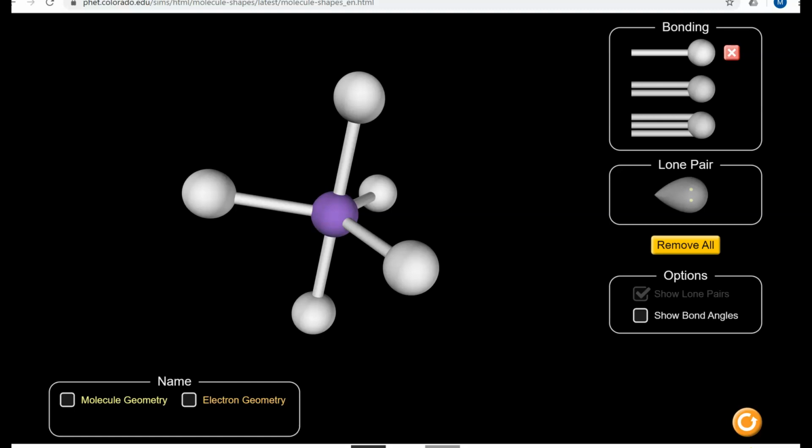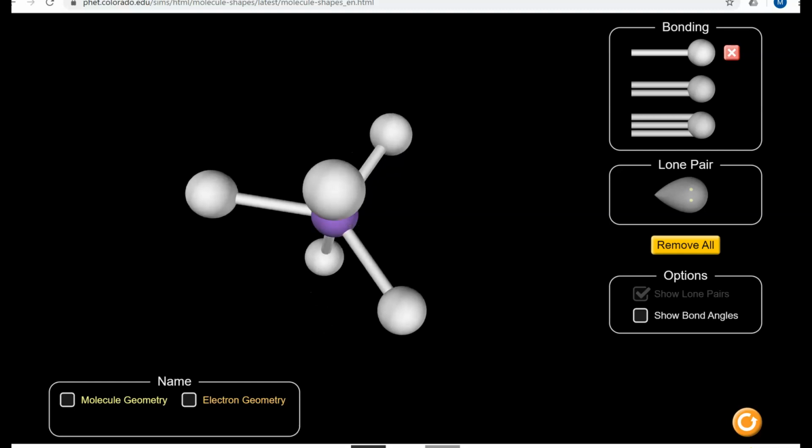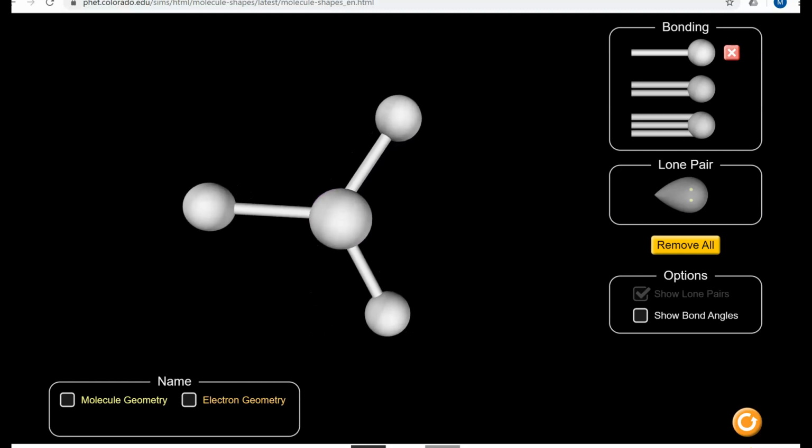So you should make a note of that. The equatorial positions are around the center, axial are the north and south. And you notice I have two different bond angles. I'm going to change this to look down from the top. You can see about 120 degrees around the equatorial position.